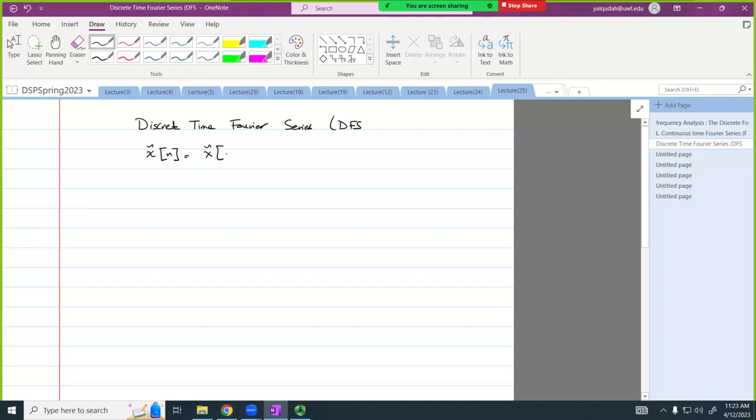So x tilde of n, tilde means it's periodic, if you're wondering, is 1 over N, the summation from k equals 0 to N minus 1, capital X of k, e to j 2 pi k multiplied by n divided by N.